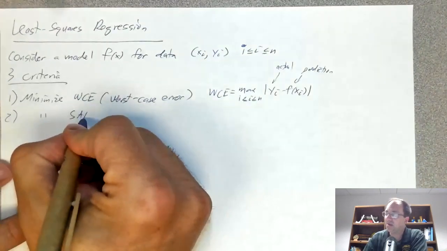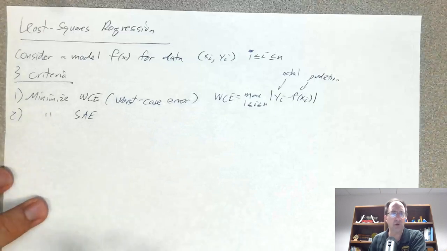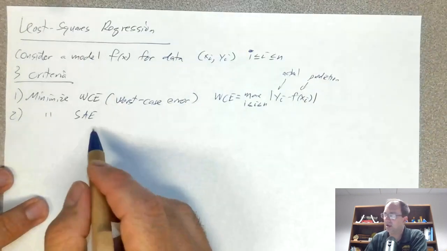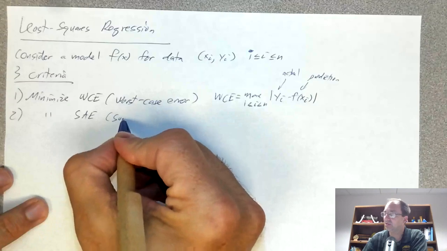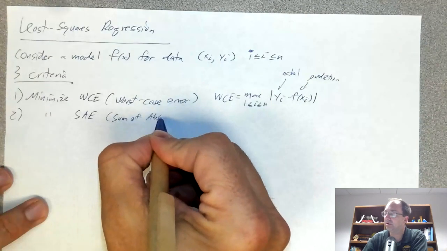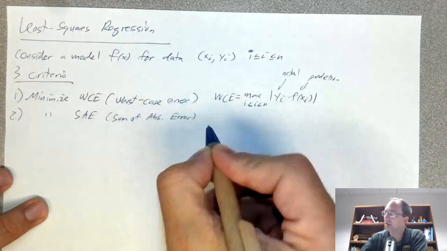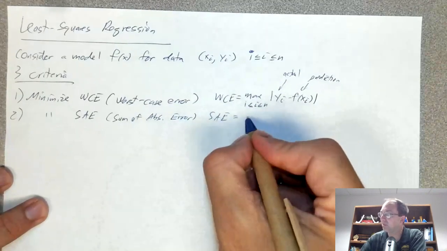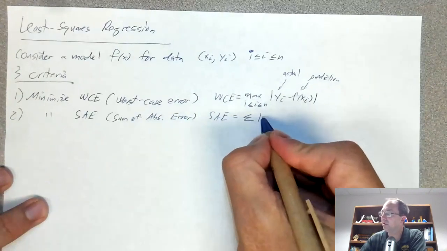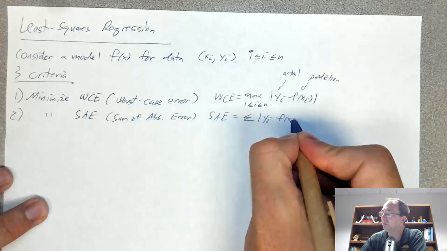On the other hand, maybe I don't worry so much about one data point. I want all of them to be a good fit. In that case, we want to minimize SAE, which is also called the sum of the absolute error. And SAE is similar to WCE, but I'm just summing instead of finding the largest.